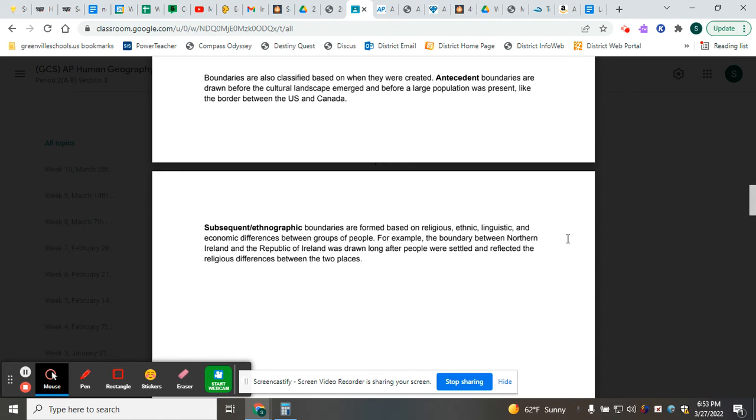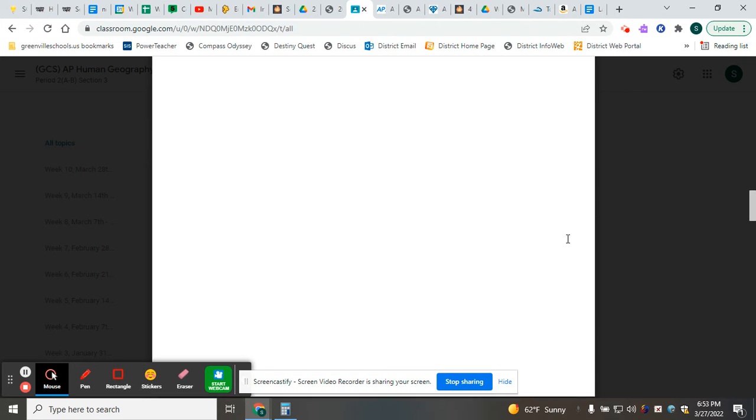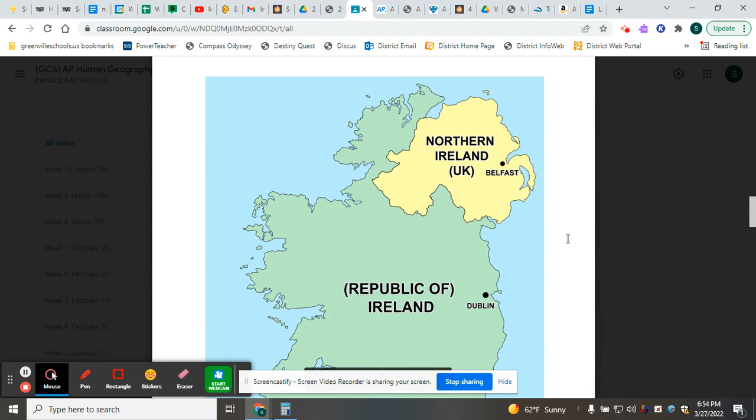For example, the boundary between Northern Ireland and the Republic of Ireland reflected the religious differences between the two places. Here's a map of Ireland. So you've got the Republic of Ireland, which is the country of Ireland, the one that we mostly know, capital's Dublin.